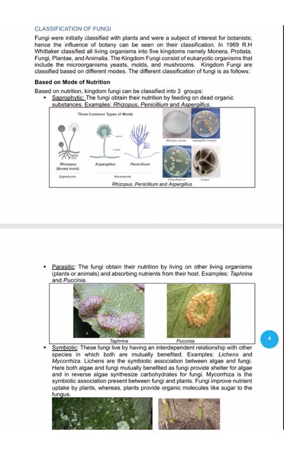So we move on to the classification of fungi, and the classification of fungi, as we mentioned before, they are representing plants. That's why in the early science of mycology, they were grouped under the plant kingdom, because they are eukaryotic, and they have a cell wall, and these were the main characteristics why they were grouped under plants.